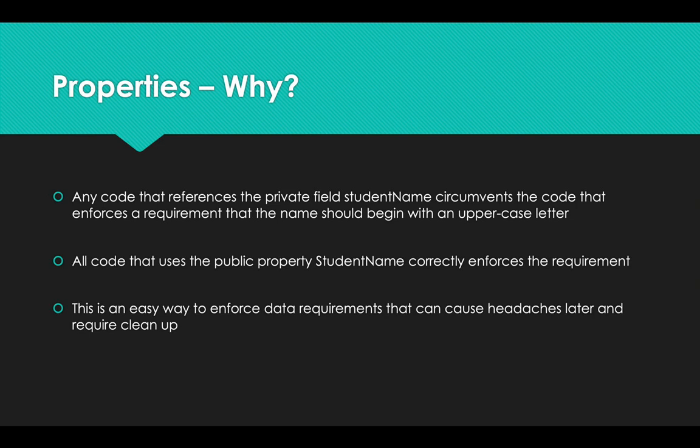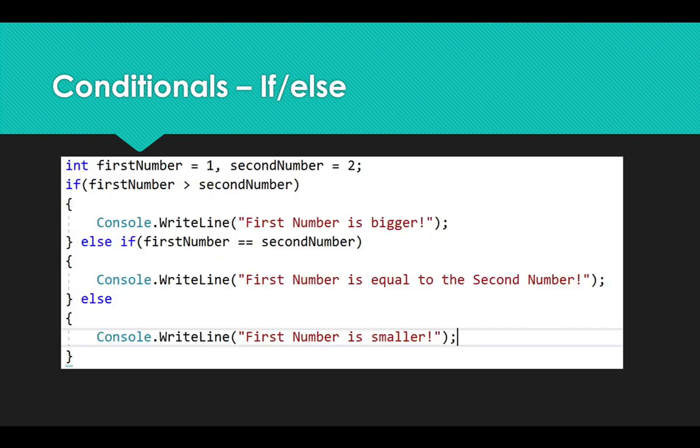You don't necessarily want external classes to have free reign over whatever data they're passing as state to your class. This is a very easy way to enforce data requirements. Even before you start talking about things like databases, you can very easily enforce the fact that names have to begin with a capital letter or something like that.